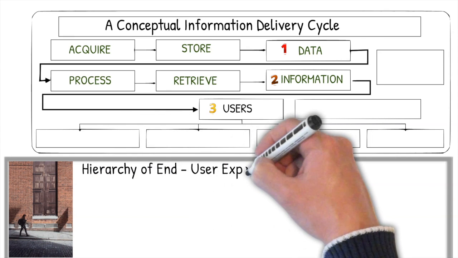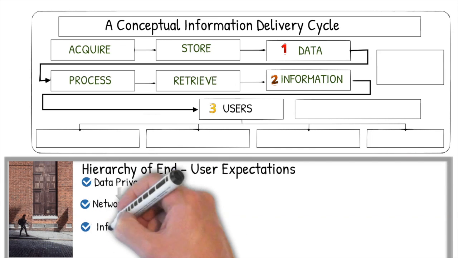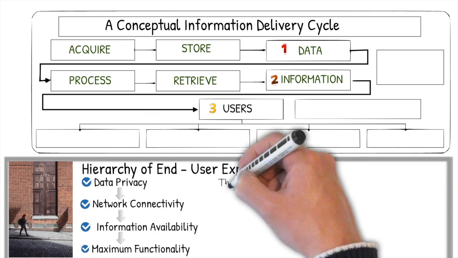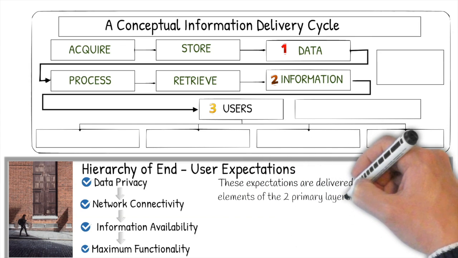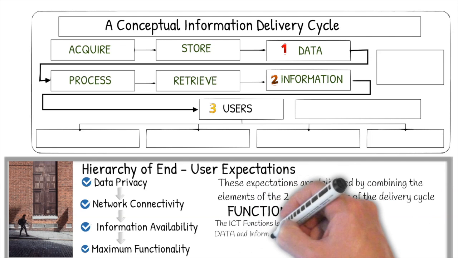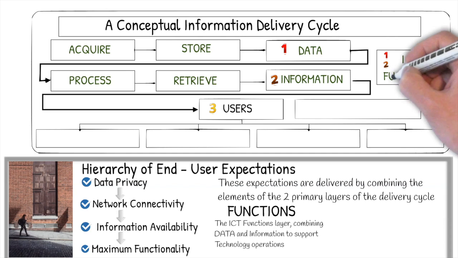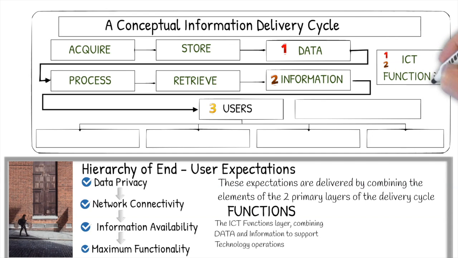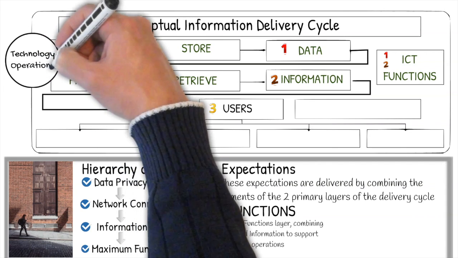There is a hierarchy to end user expectations. These expectations are delivered by combining the elements of the 2 primary layers of the information delivery cycle. The first one is the ICT functions layer, combining data and information to support technology operations.